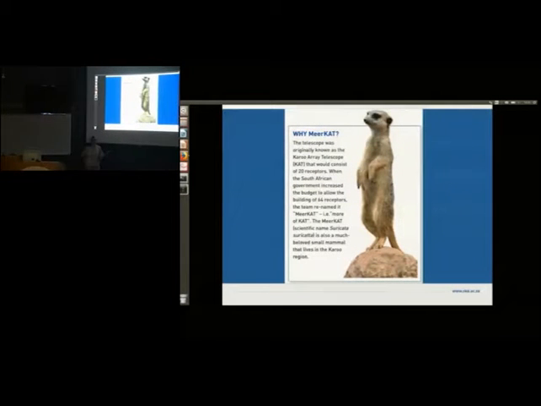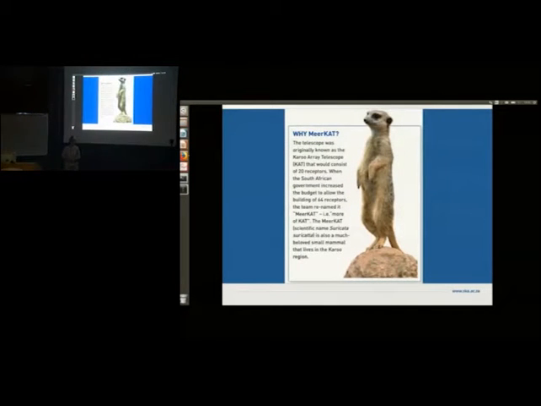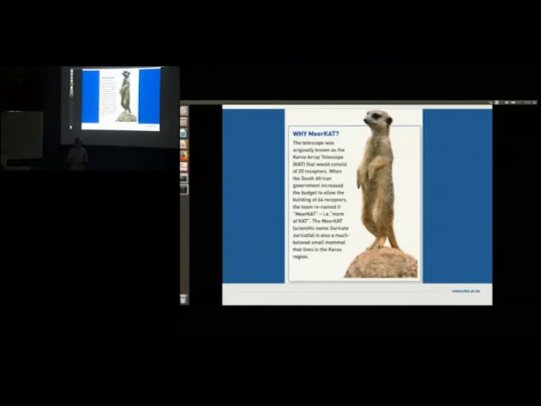So why MeerKAT? Originally the telescope was going to be called the Karoo Array Telescope, and that stands for CAT. But then it got extended. Originally there was only going to be 20, and then it got extended to 64, so then they called it MeerKAT.